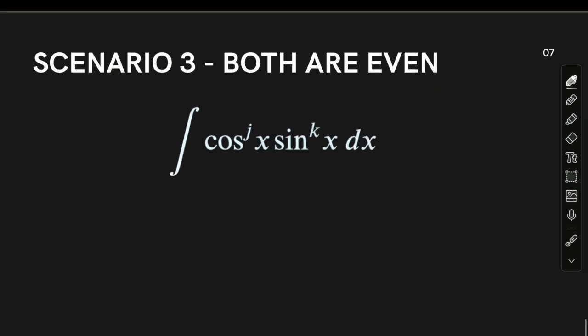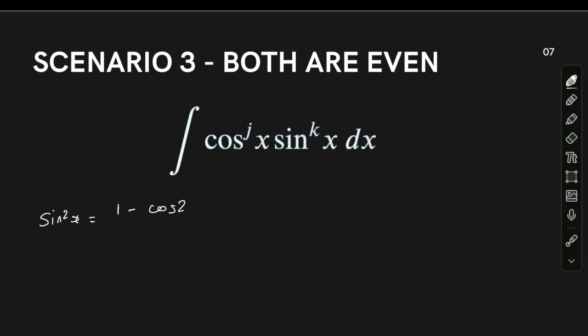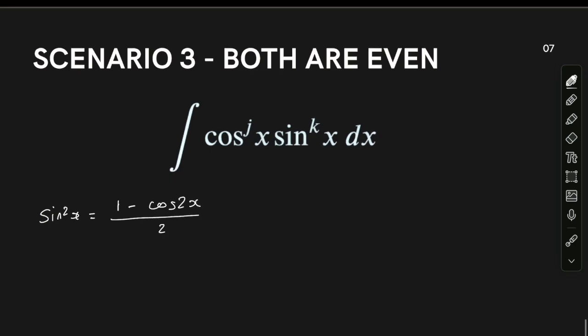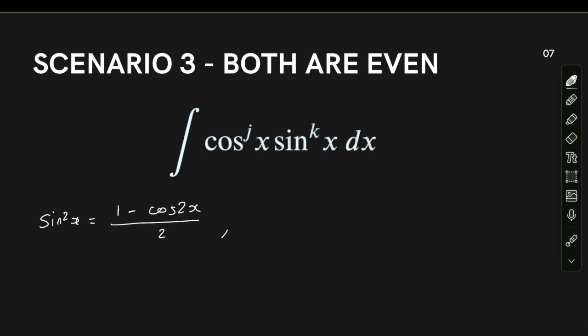Okay, so when both are even, what we're going to do is the following. We're going to use these two things. So we're going to say sine squared x is equal to 1 minus cos 2x over 2, and cos squared x is equal to 1 plus cos 2x over 2.